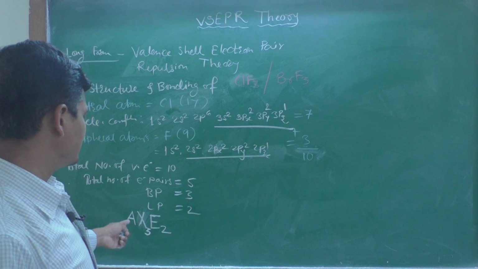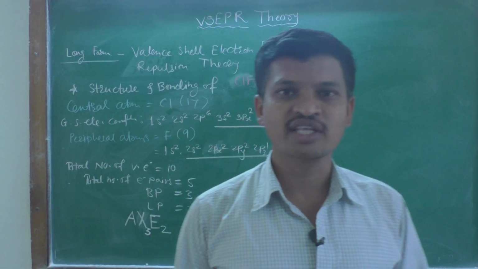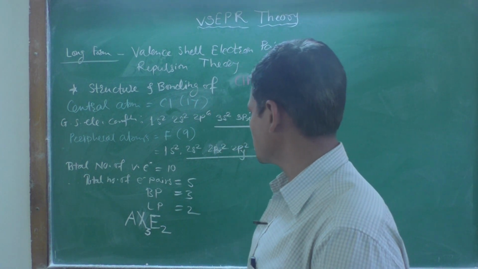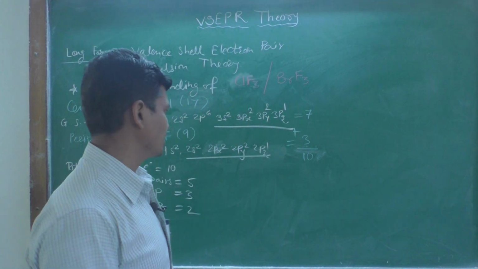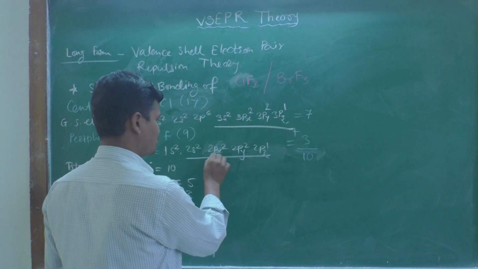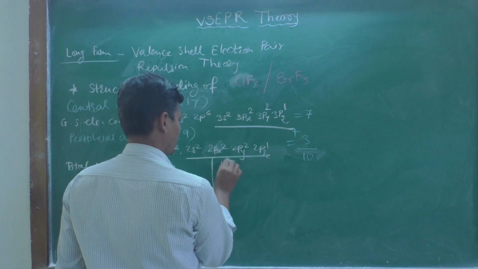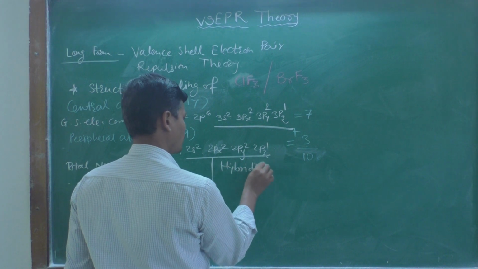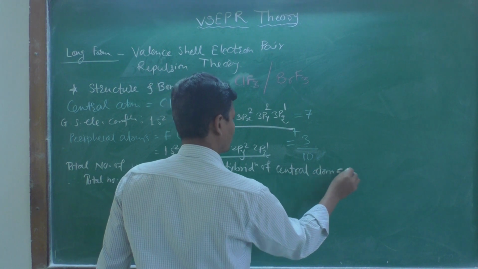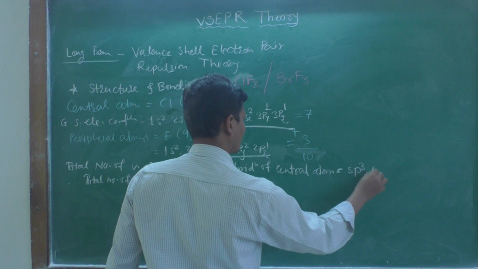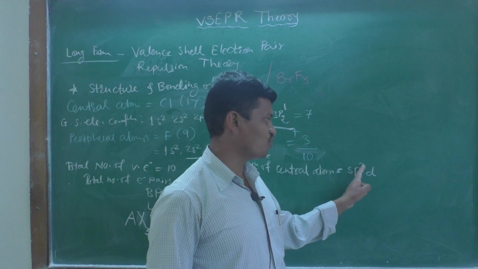Now this is the AXE notation. On the basis of that we have to predict the shape of the molecule. As the total number of electron pairs is 5, we know that VBT is also predicting the same hybridization. So the hybridization of the central atom will be sp3d, 1 plus 3, 4 plus 1, 5.